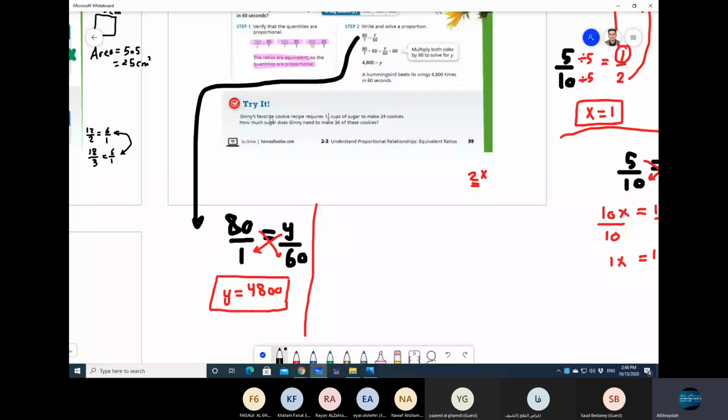Jenny's favorite cookie recipe requires 1.5 cups of sugar to make 24 cookies. How much sugar does Jenny need to make 36 of these cookies? Okay, here let's try to write the proportion. 1.5 cups of sugar needed to make 24 cookies.